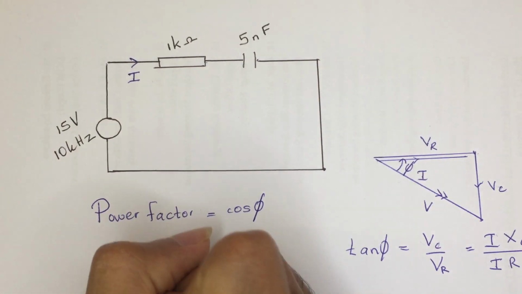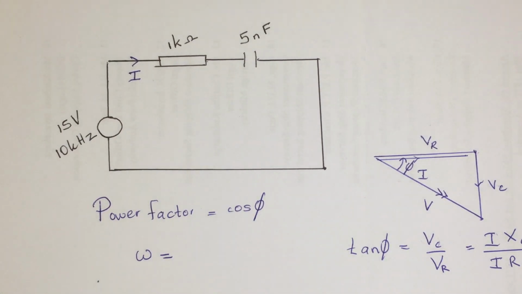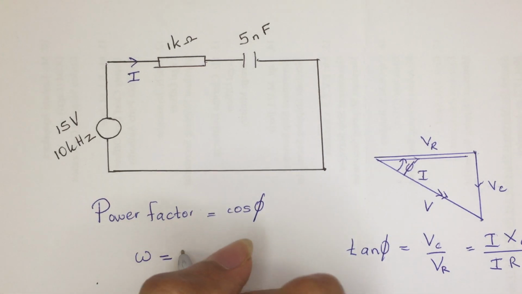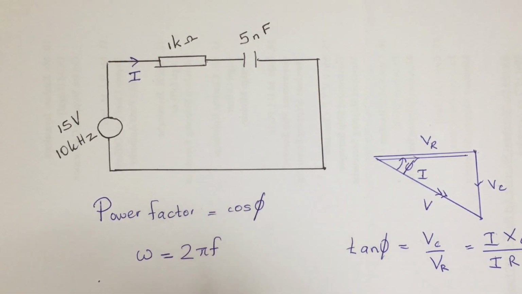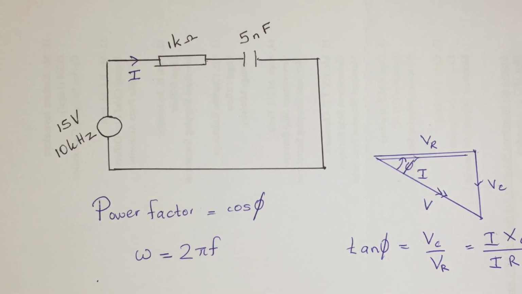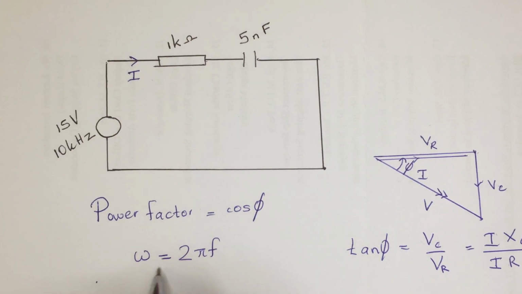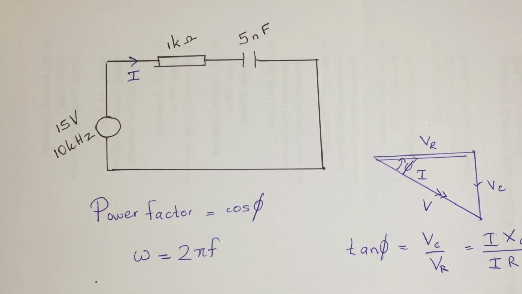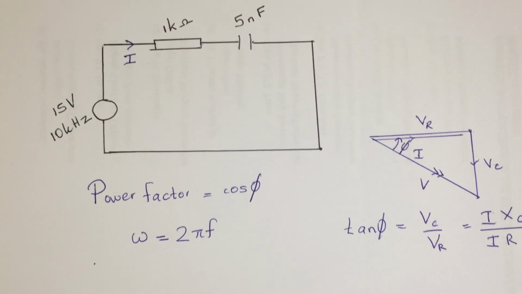So we can directly use this circuit's frequency to find the omega of that capacitor. It's going to be omega equals 2 pi f. If you substitute the frequency value over here, 10 kilohertz, from that you can easily figure out the value of omega.